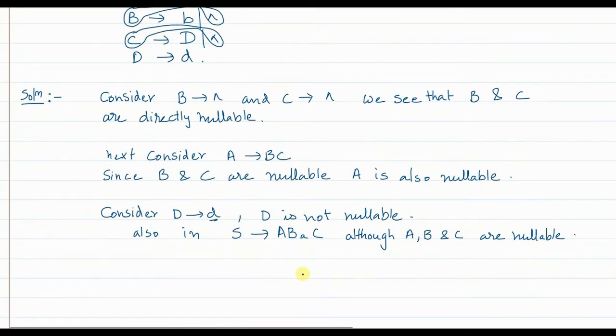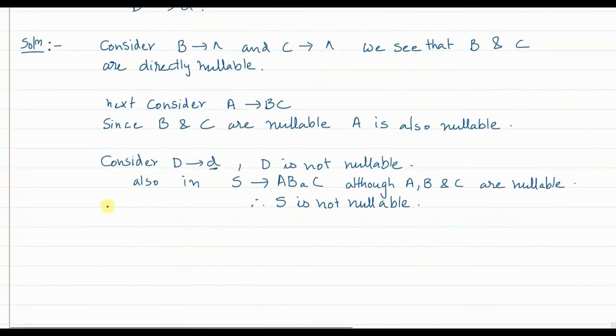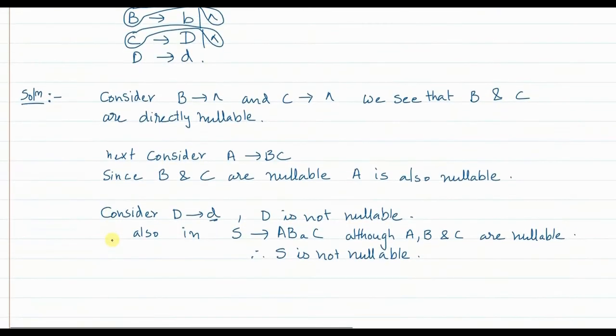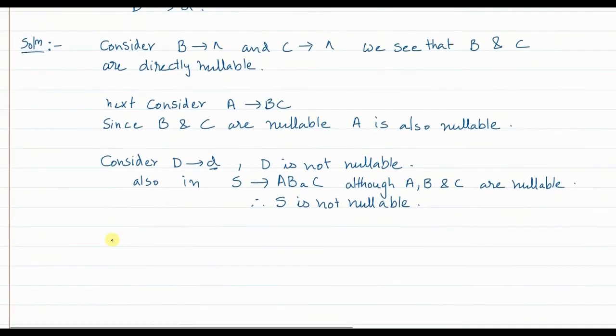Therefore, S is not nullable. So at the end of this, we know that A, B and C are nullable, whereas S and D are not nullable.